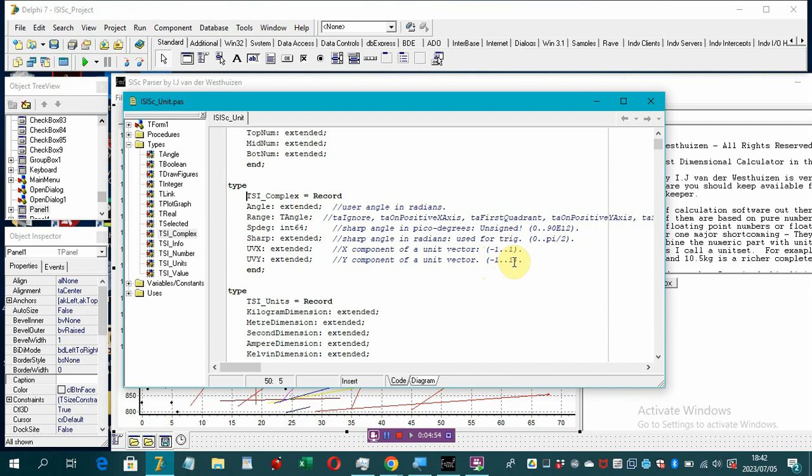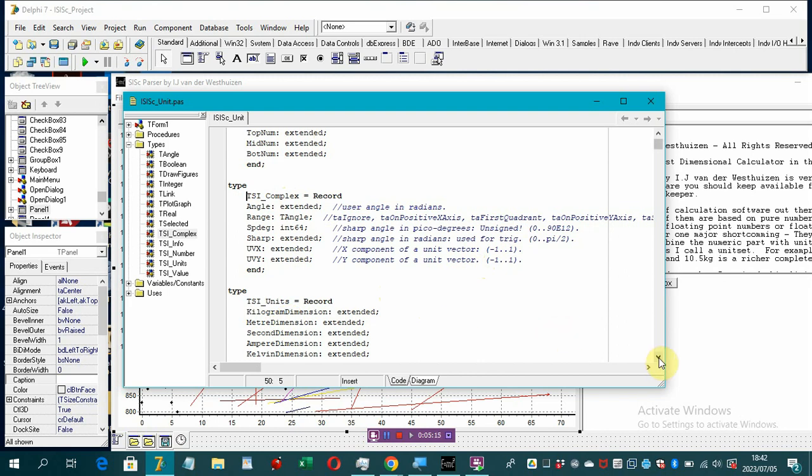Yeah, it's probably -1 to +1. TSC units equals a record. So that was TSC number. That is TSC complex. This is TSC units.